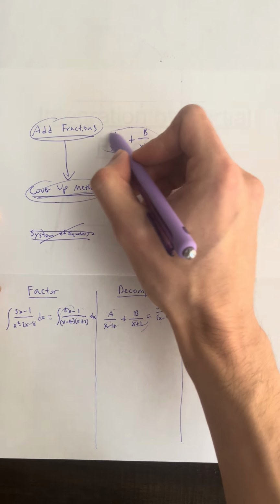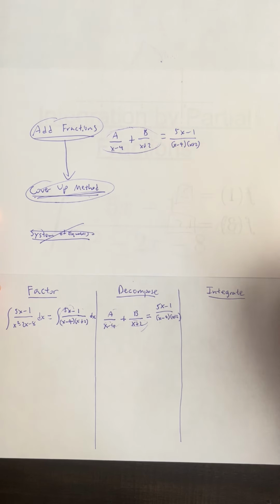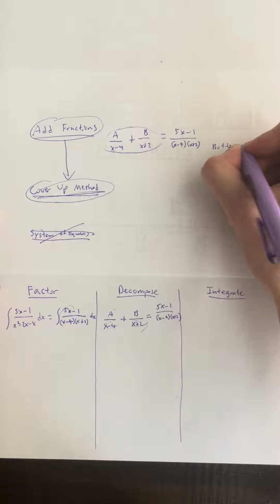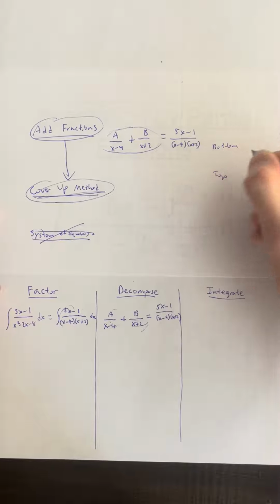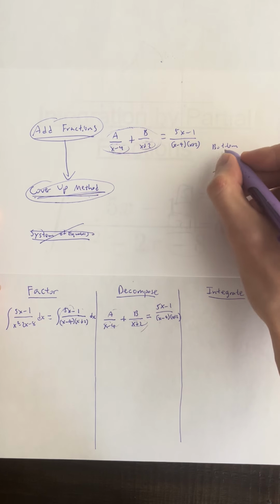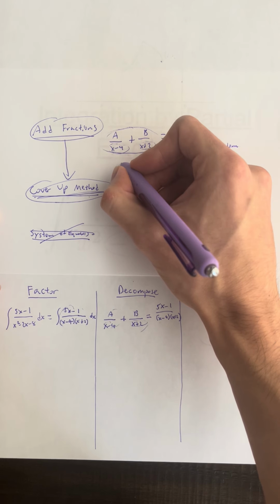So, what are the steps to adding these? Bottom, top. So get the bottoms to match. That's the first step.